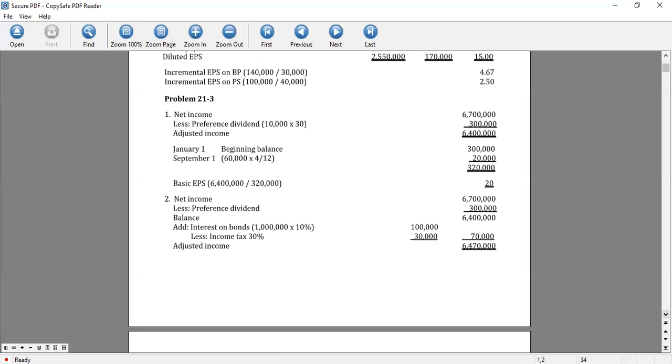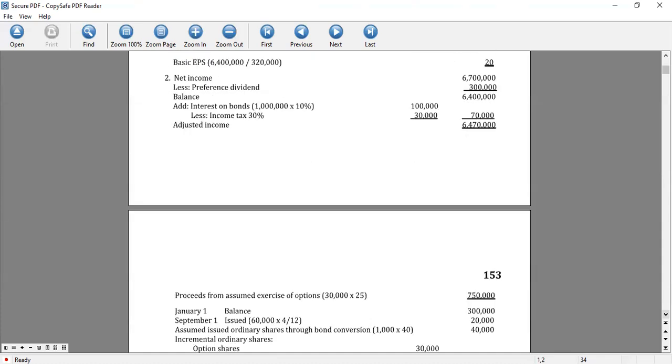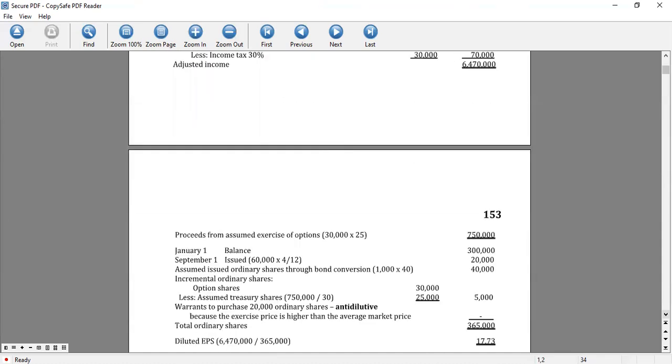So for the diluted earnings per share computations, now, proceeds from assumed exercise of options. Warrants. We are given now the warrants to purchase 20,000 ordinary shares at 45 that were attached to the preference share at the time of issuance.